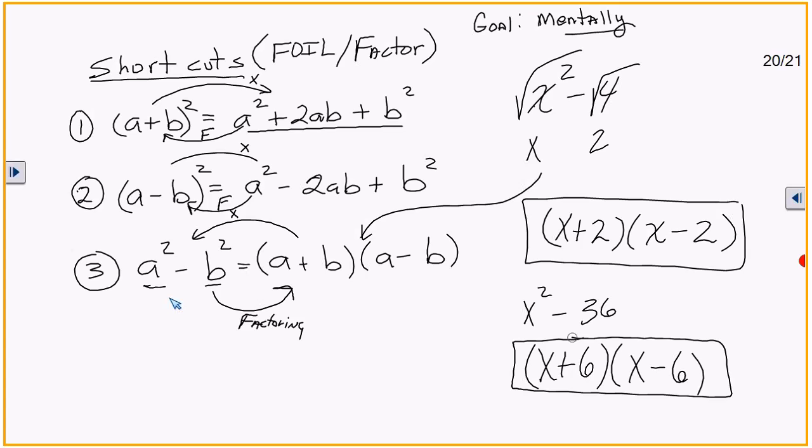Now, that is multiplying again by the FOIL method, and then you can use the shortcuts to either go from here to here, which means you are factoring, or you can go the other way and you can multiply. But you'll see more of these.